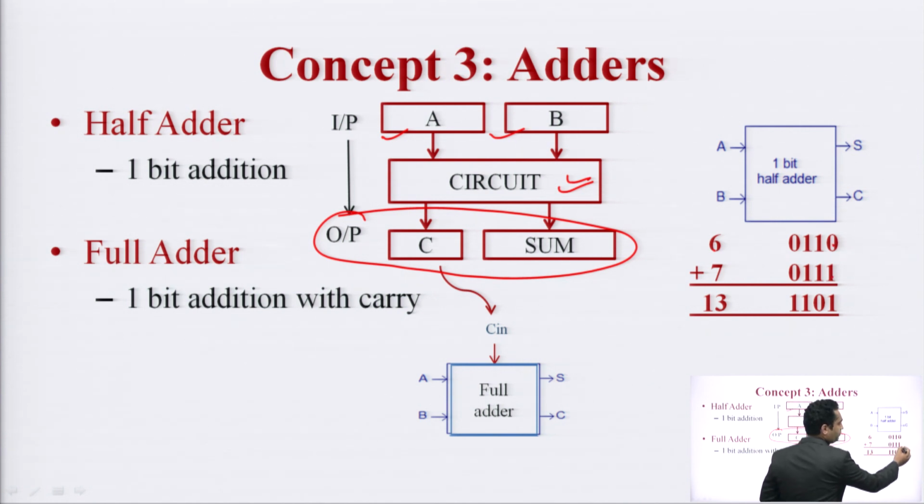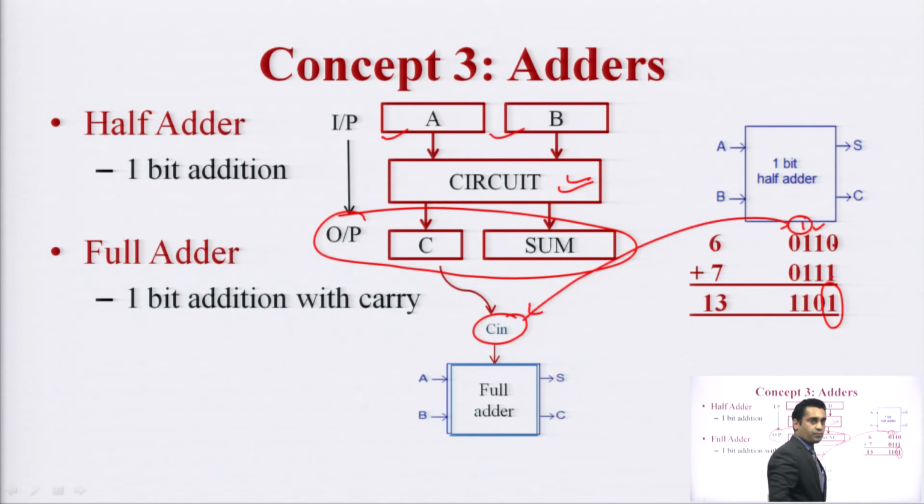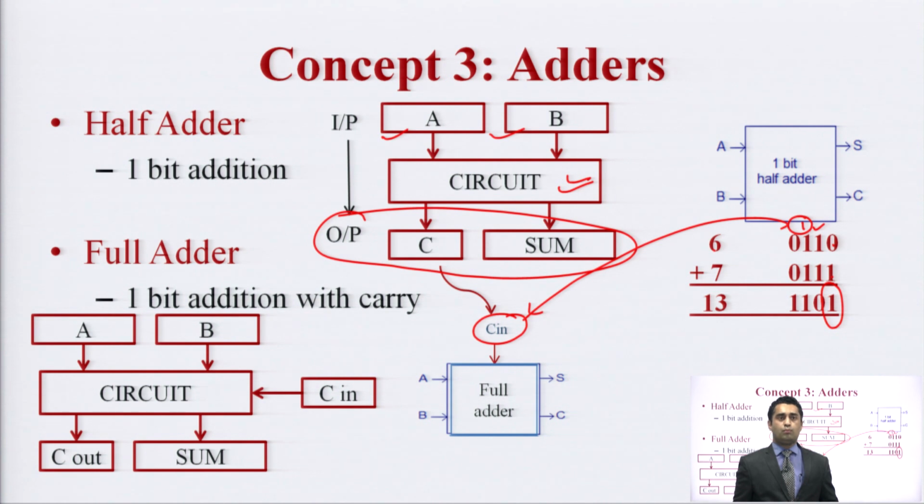When we sum this, the answer is 1. But when we add this 1 with 1, the answer is 1 0 and this is the carry. So this carry is reflected here. This is the concept of input carry, and when we talk about the hardware implementation, the same half adder circuit is used with one more input, which is carry in.